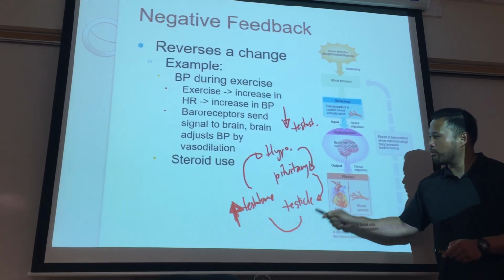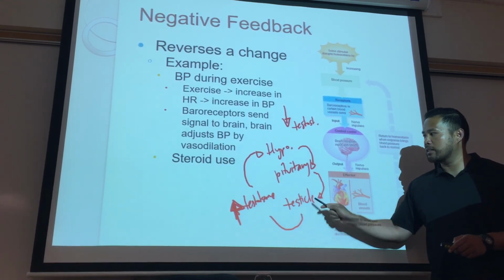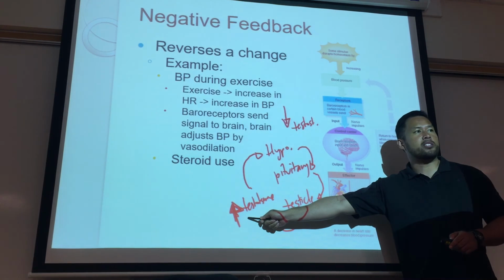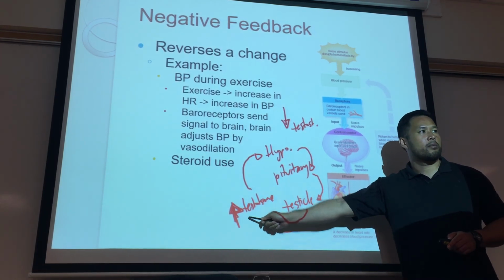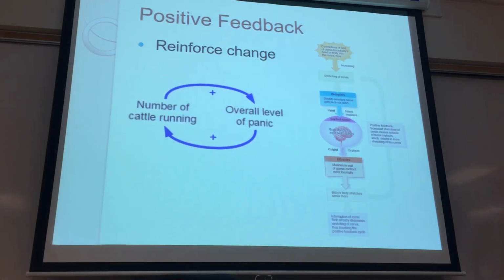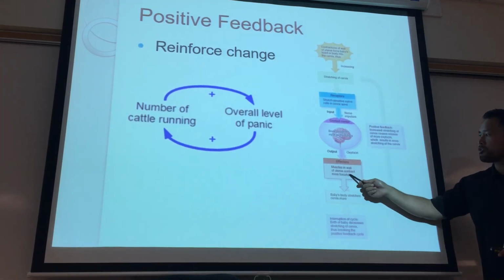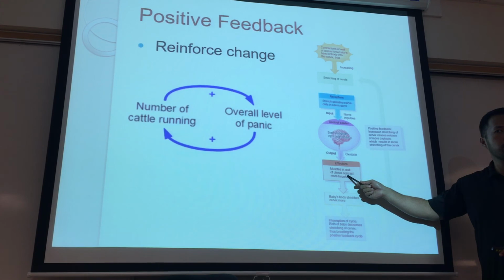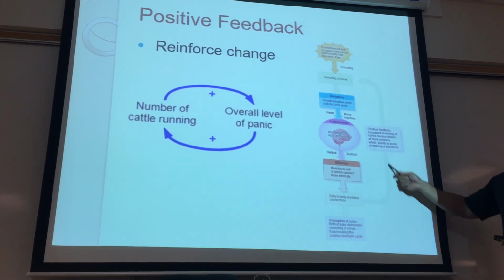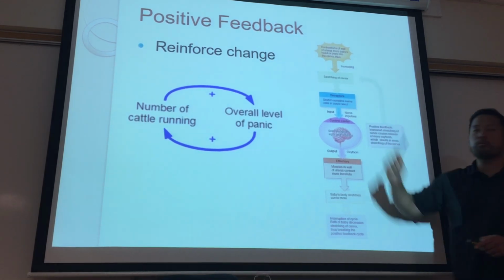In the efferent pathway. We're turning off the testicles with the production of high testosterone. In positive feedback, oxytocin comes in and causes the contraction of the wall. Okay? And this results in an increased response.